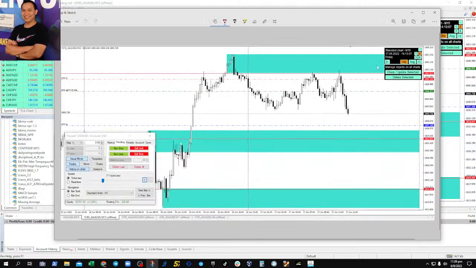Okay, the trade idea was this: break this low, then a lower high, then break this low, then we continue to go down. Yep, that's the trade idea. Very simple from the H4 zone.